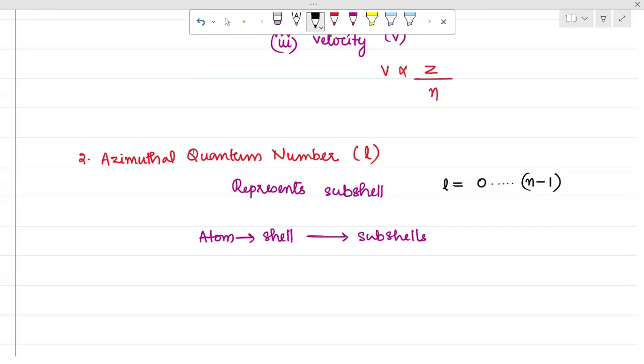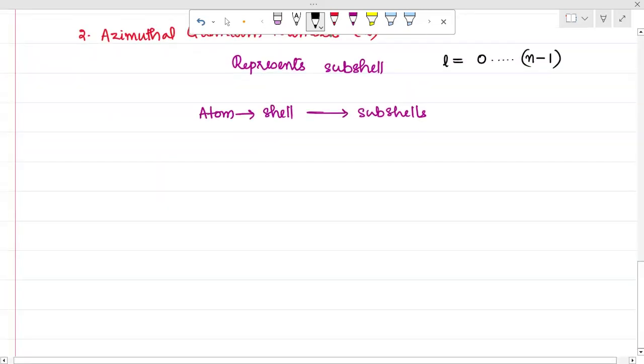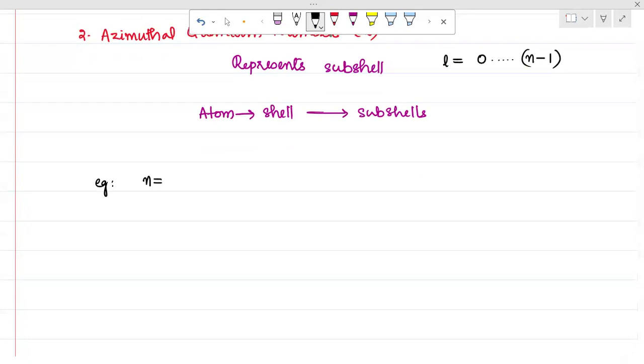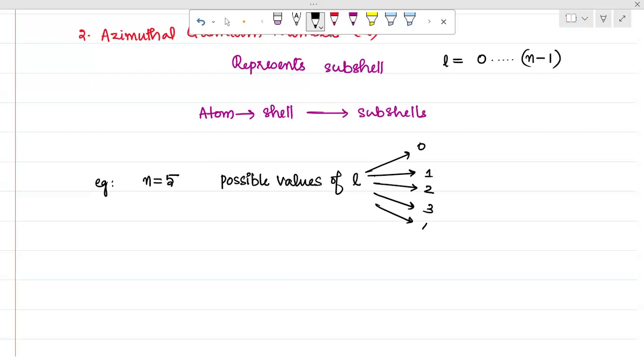For example, if your value of n is equal to 5, then the possible values of l are 0, 1, 2, 3, 4, but not 5.